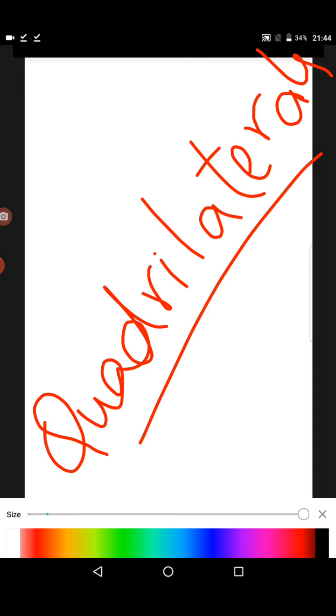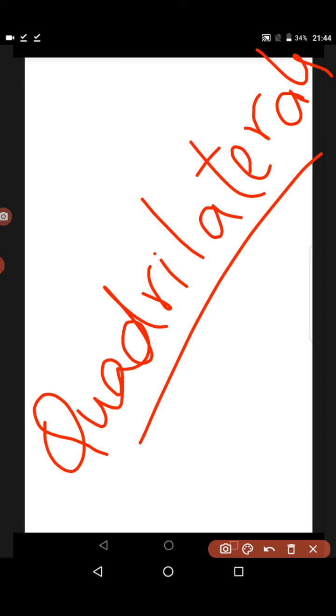Today we are going to move on to the next topic, quadrilaterals, of the class 8 mathematics textbook. Before moving into this topic, I want to show you some diagrams.